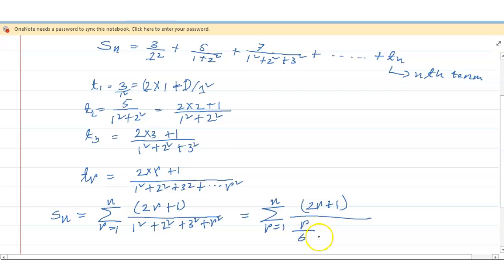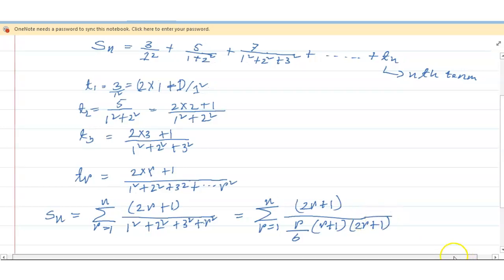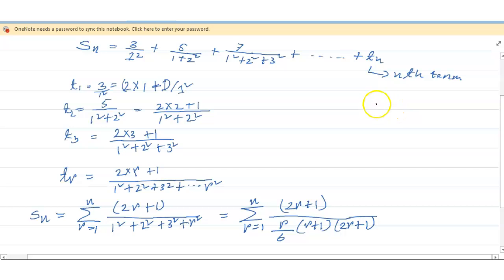Let's discuss the formula: 1 square plus 2 square plus 3 square plus up to n square is equal to n by 6 into n plus 1 into 2n plus 1. I apply this formula.